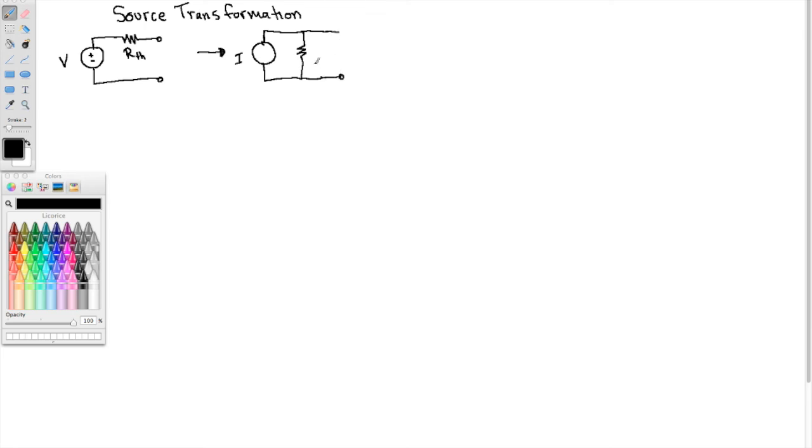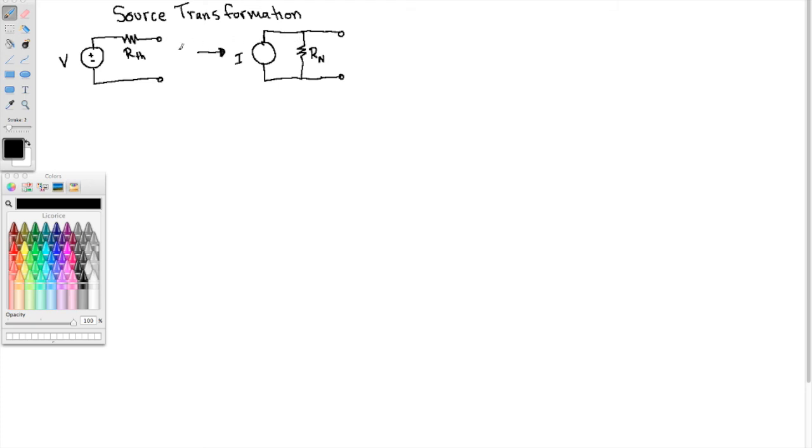For I in parallel with a resistor, call it R N. So the idea is that we've got this building block in a circuit, and I'm going to exchange this building block for this one.